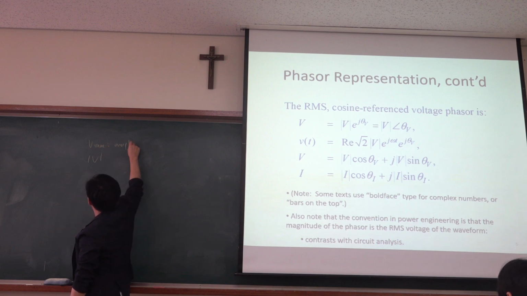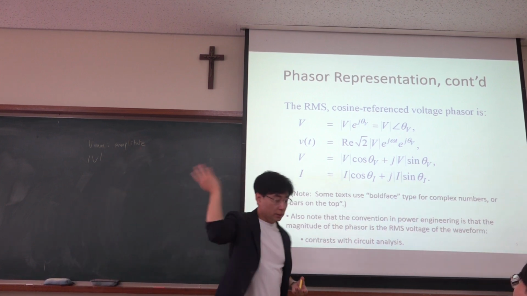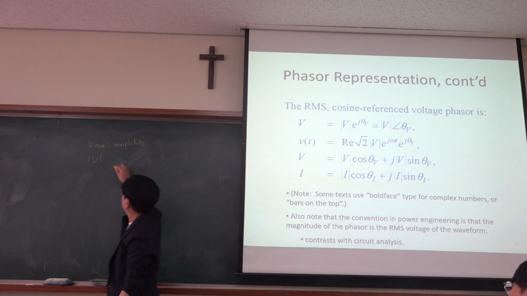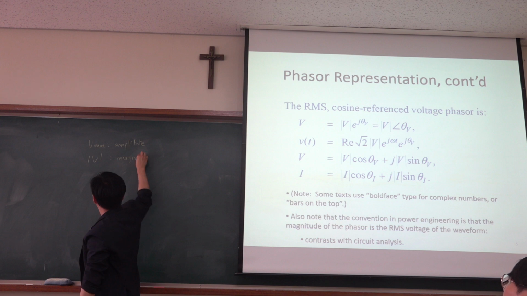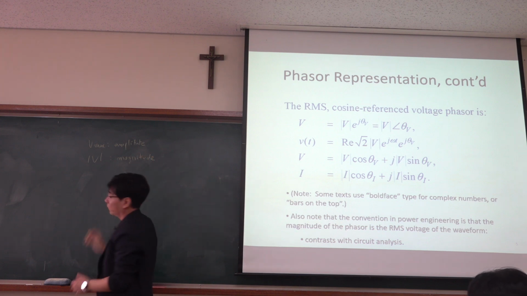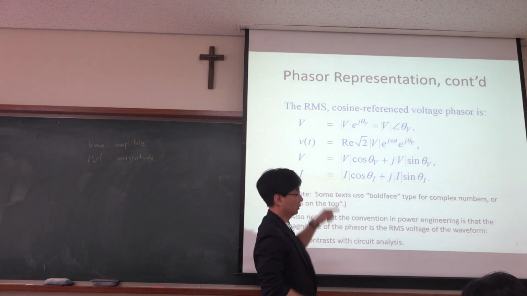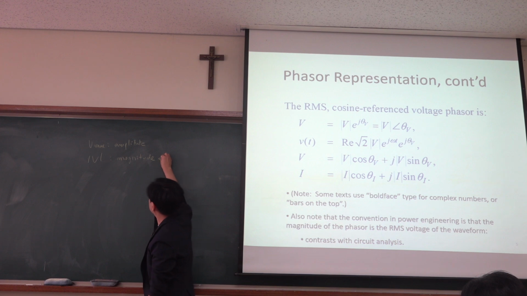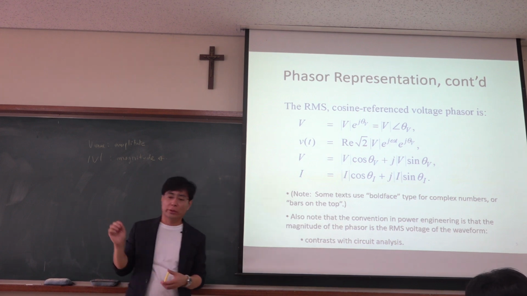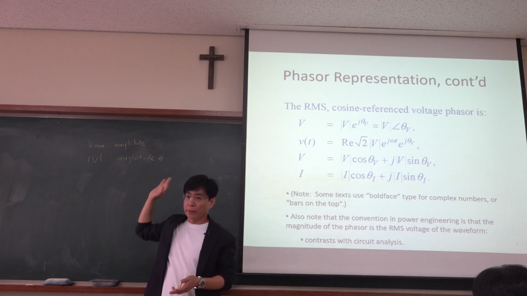This is the amplitude, because we say amplitude of a sinusoidal wave. That's the definition of amplitude. By the way, this is the magnitude. In power system engineering, the absolute value of V means this one, but in some other electric circuit theory, it may refer to that one. So please don't be confused.